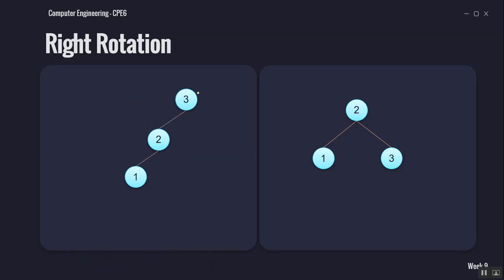This has the greatest value. Going to the left is the next node, which is 2, and then 1 as the lowest value of the node. So from here, we pull the string to the right to make it something like this. This is the right rotation going to the right, so that's why it's right rotation.